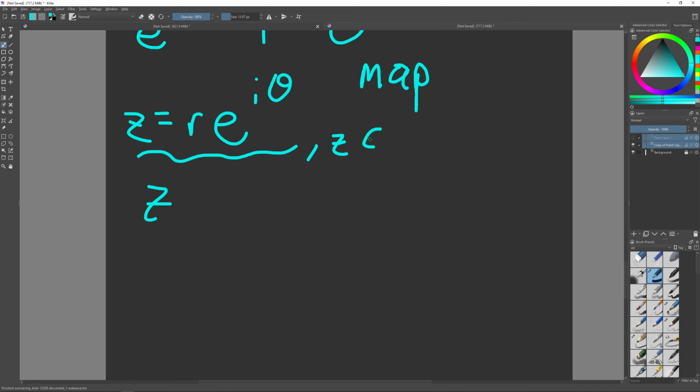Just to be complete, I'll write this out: z is a complex number, and r and theta, well, theta is an angle, but we can have any real numbers there. So this is very useful. It gives us a very useful representation, because this r tells us how much this scales by, and the theta tells us how much to rotate by.